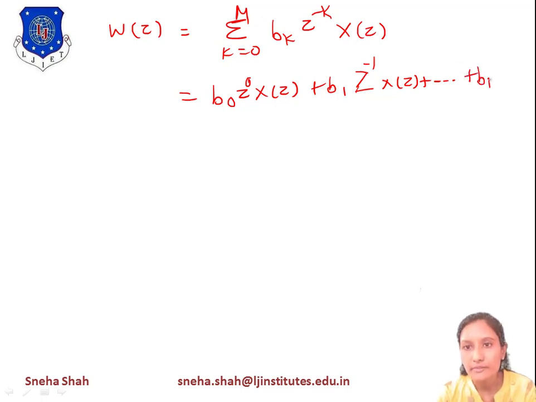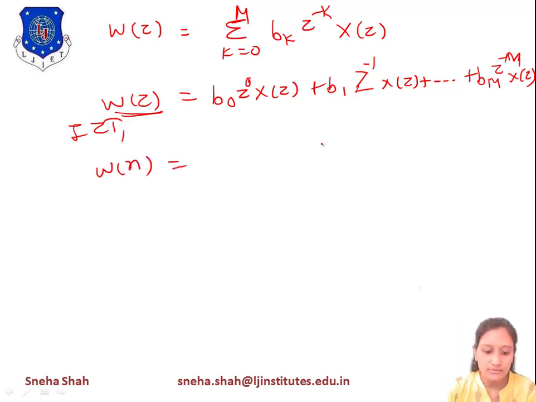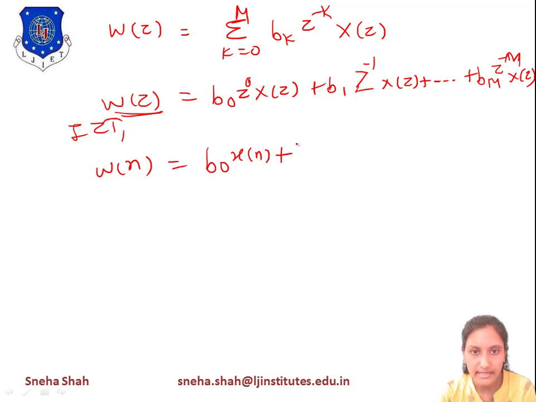So the term becomes bm z raised to minus m X of z. Now if we take this as W of z, and take the inverse z transform of this, W of z becomes w of n equals b0, z raised to 0 equals 1, so the inverse z transform of X of z becomes x of n, plus b1 as it is.